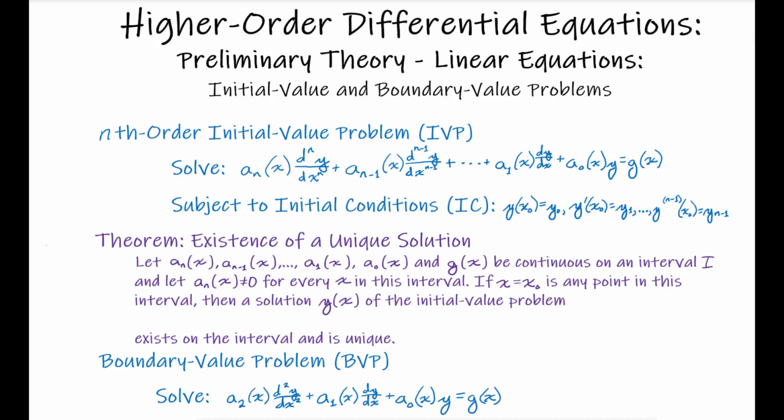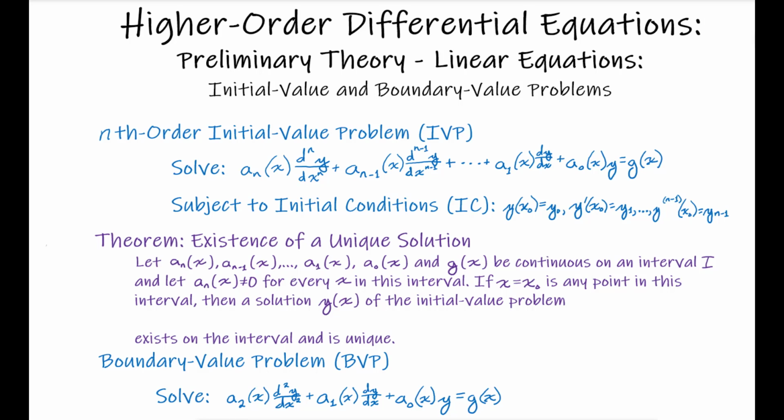The first type of higher-order differential equation we're going to talk about are linear equations. Now, as with first-order differential equations, we can solve a differential equation itself and come up with a general solution. And that general solution is some family of solutions that's defined on some interval.